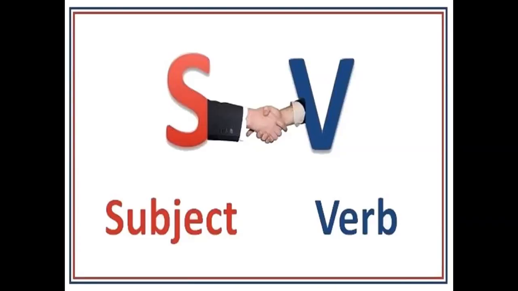Instead of adding S or ES, plural of I is we, plural of you is again you. And plural for he is they, she is they, it is also they. Right? So you have to know that when you make a noun plural, you add S or ES. When it is a pronoun, you don't add S or ES, you have different words.